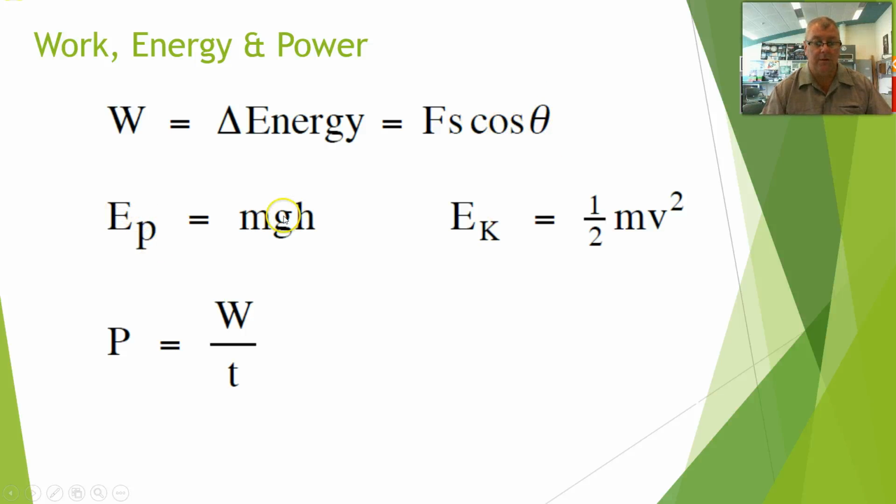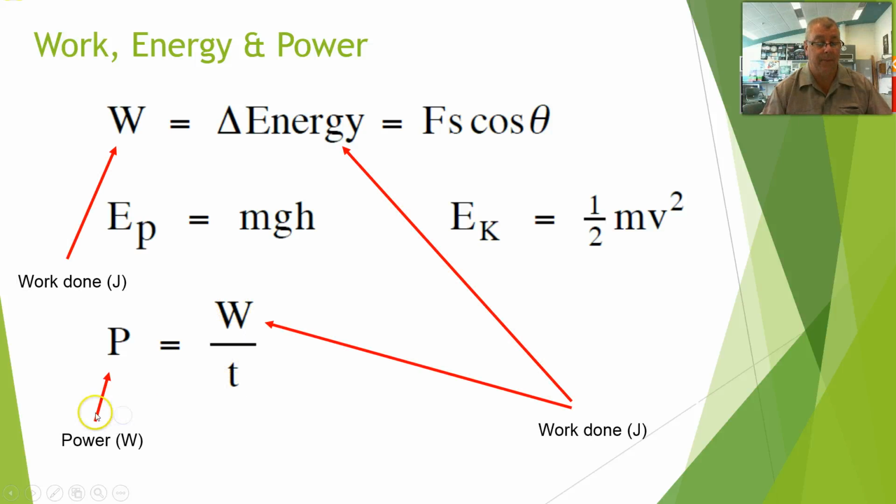Potential energy equals mass times gravity times height, kinetic energy half mv squared, and power equals work divided by time. Okay, and just remember all your units. In physics, we don't give you a list of what all these letters stand for and what units to use. We mainly just do that to make it hard, but it's not too hard to remember such things. There's a fly buzzing around.